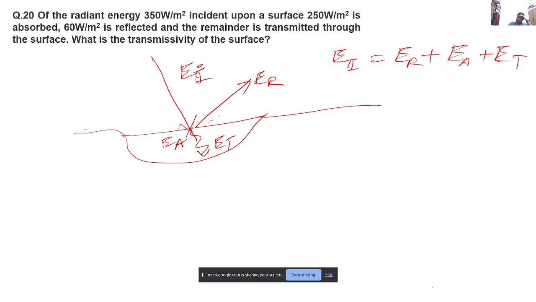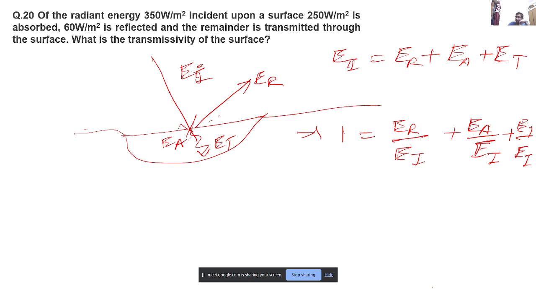Now do one thing, divide all of them by EI. So 1 equals ER by EI plus EA by EI plus ET by EI. So ER by EI is the reflectance, EA by EI is the absorptance, and ET by EI is the transmittance.